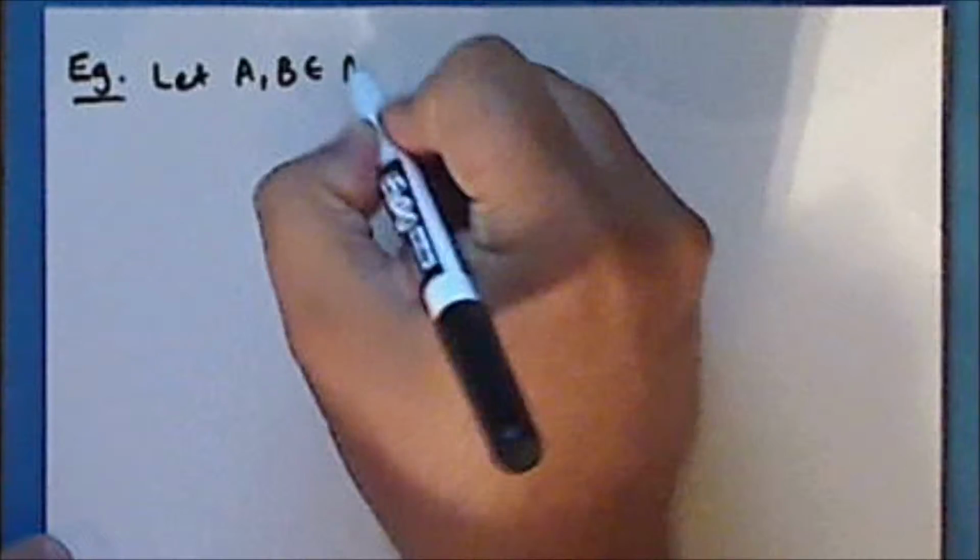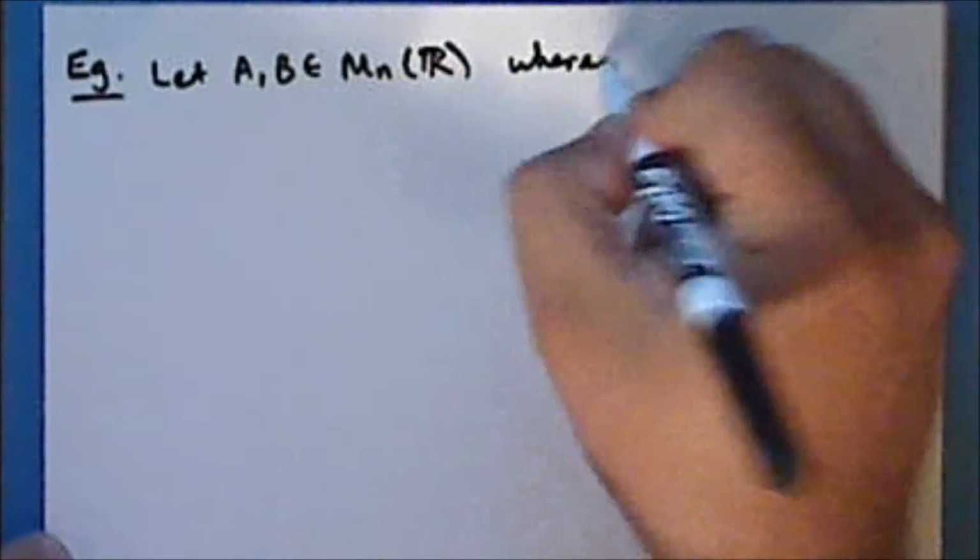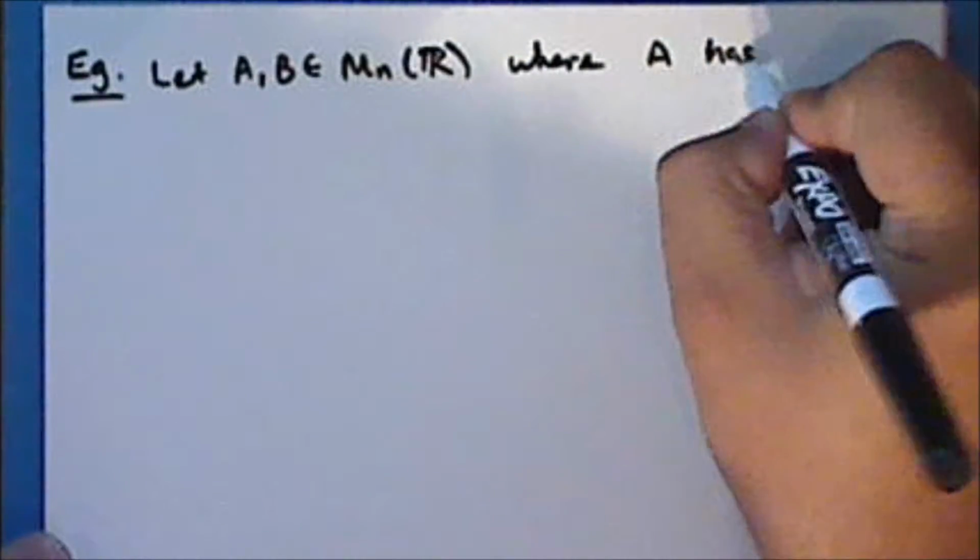And in the first exercise, we need to show that any square matrix with a row of zeros is singular. So let A and B be any two square matrices of order n with real entries, where the matrix A has a row of zeros.